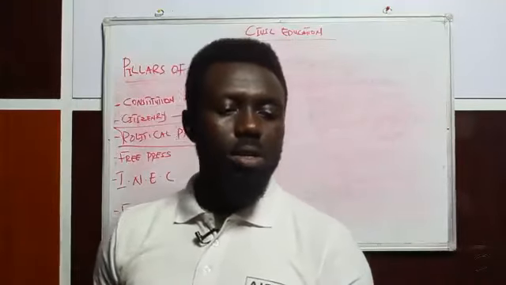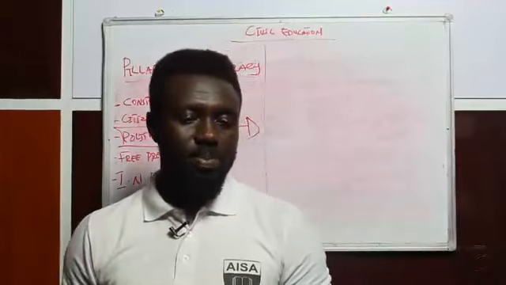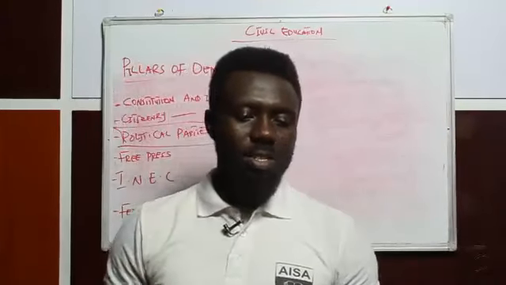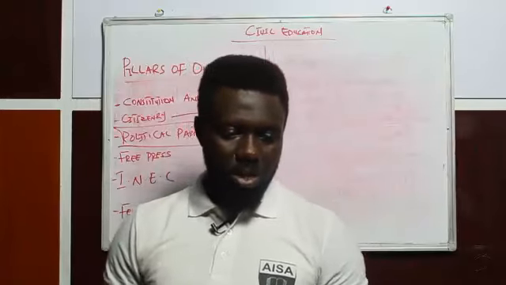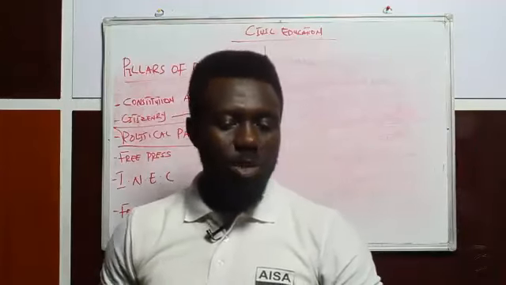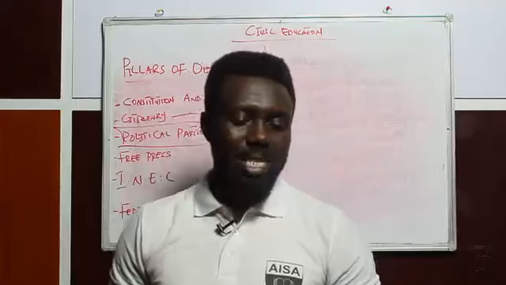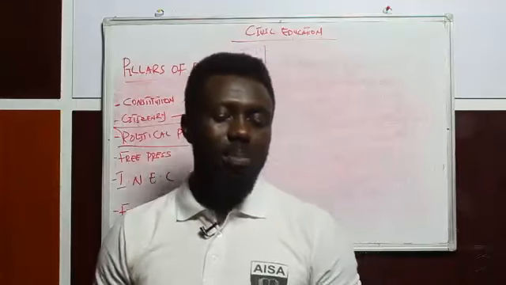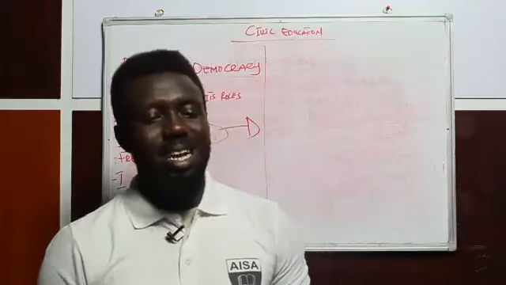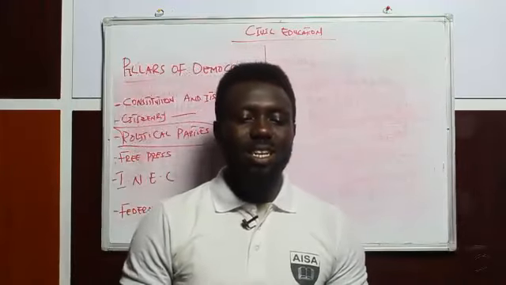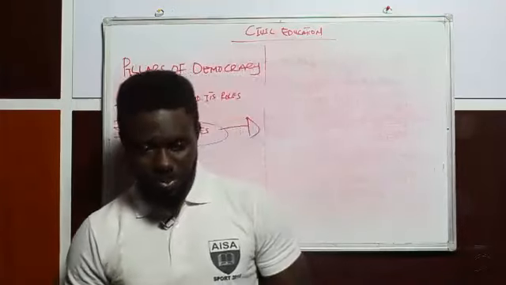Number 4, provides a forum for unity. Number 5, political parties serve as a link between the government and the people. Number 6, political parties provide the personnel for the running of government. Number 7, they make government in power more responsible. And then number 8, sensitization of the people on national issues.